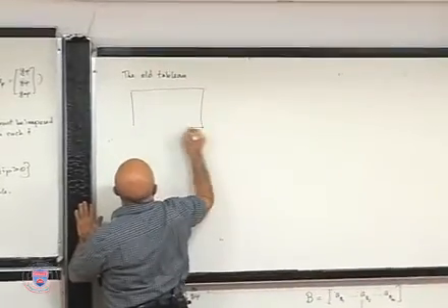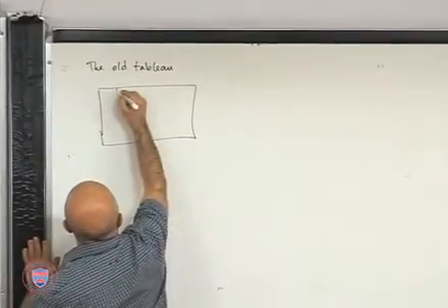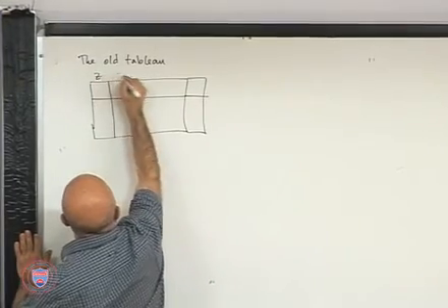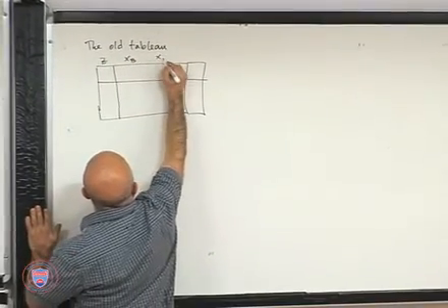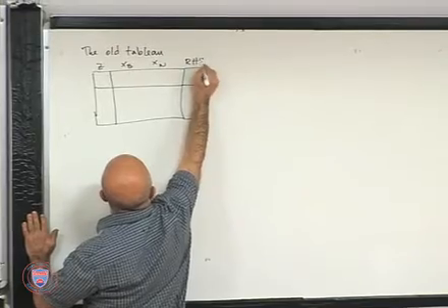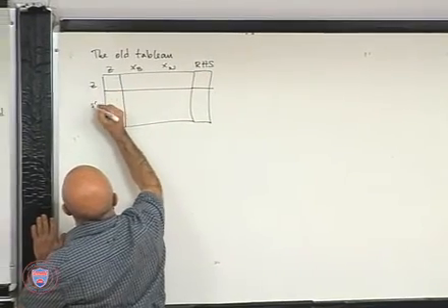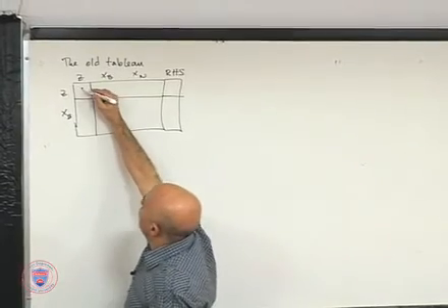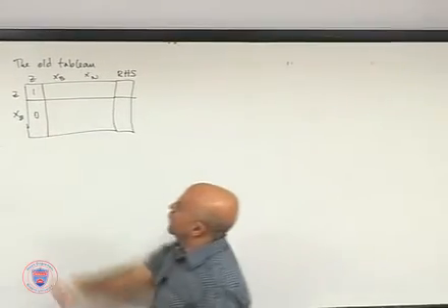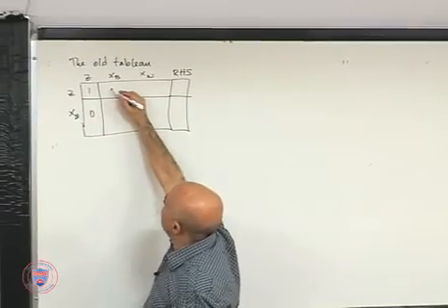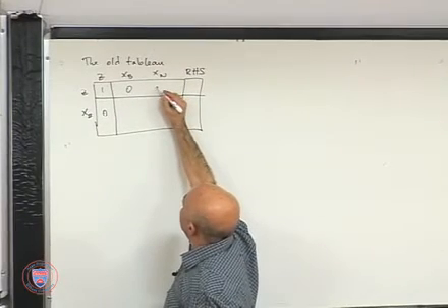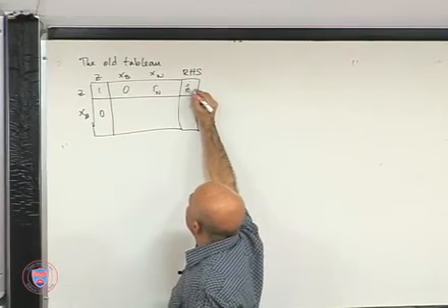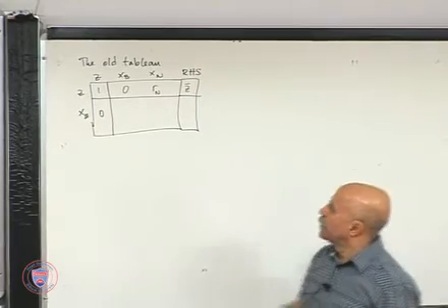So the old Tableau has the following information. Basic variables, well, you've got 1, 0 here, you've got a vector of zeros here, you've got Rn for Xn, and you have Z bar for that one.